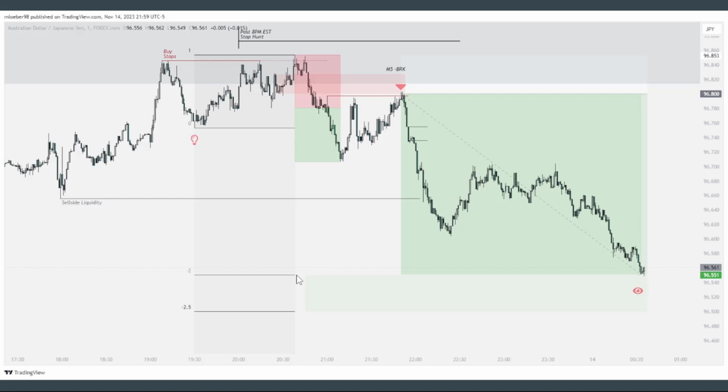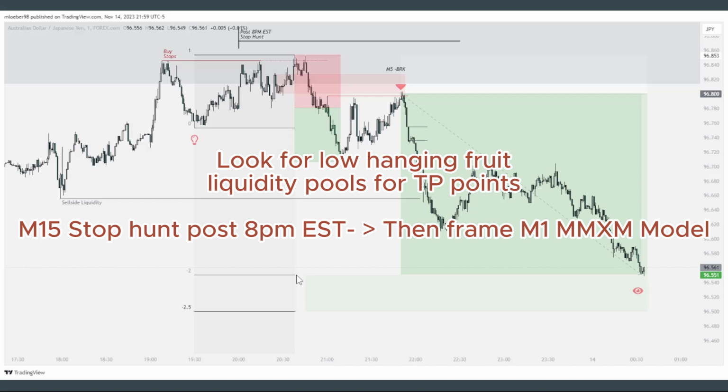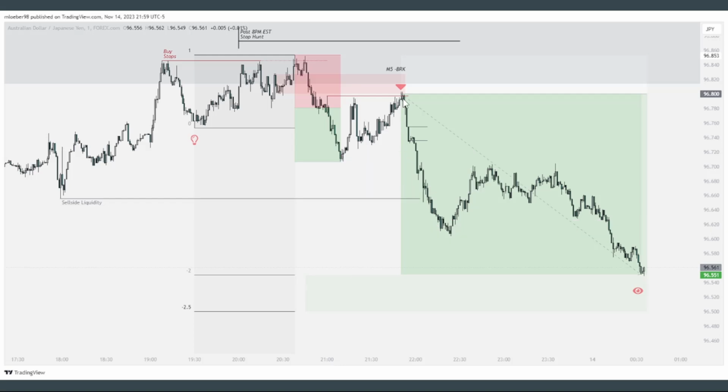But during the Asian session model, all you really want to be doing is looking for low-hanging fruit objectives, and it's primarily used as a scalping method for quick, easy trades. As you can see, the delivery from the M5 breaker to that resting liquidity pool, the 90-minute cycle's Q1 accumulation low, was a very quick and easy trade within probably 15 minutes.